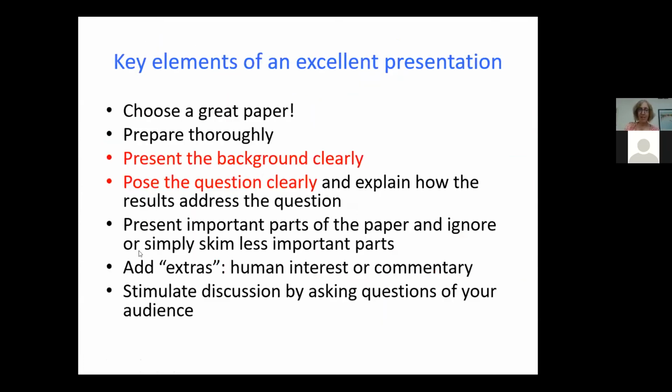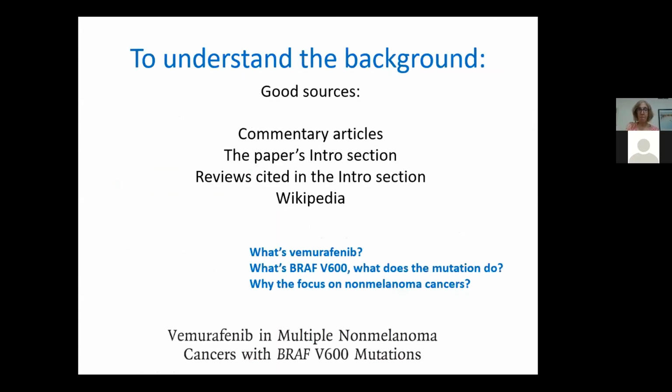Okay, then back to the hardcore science. You need to present the background clearly, and you need to pose the question clearly. So papers are going to be trying to answer a particular question. And you need to identify what that question is, and you need to point it out to the people you're presenting to. So let's talk about understanding the background first. Where do you go?